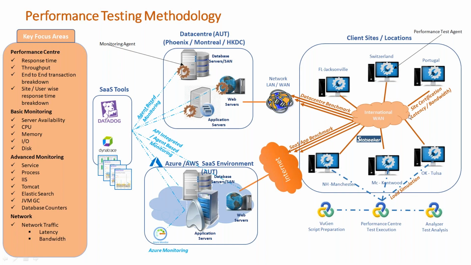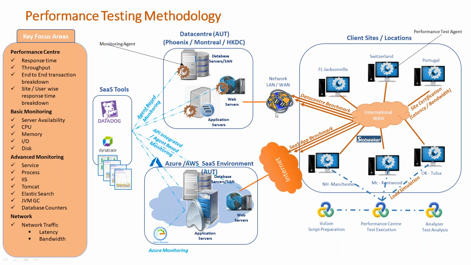When you are running, you have to look at the latency and the bandwidth. You may see that for Portugal the response times are well within the SLA, but from another location some issue comes up. That can happen due to latency, and bandwidth issues can be there too. You have to look into that as well.